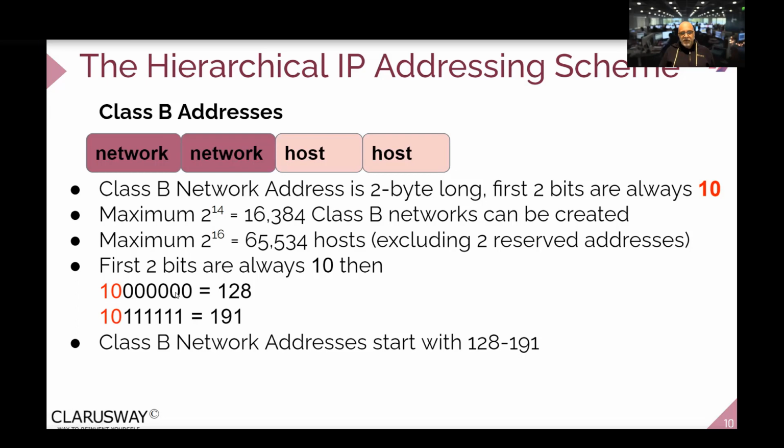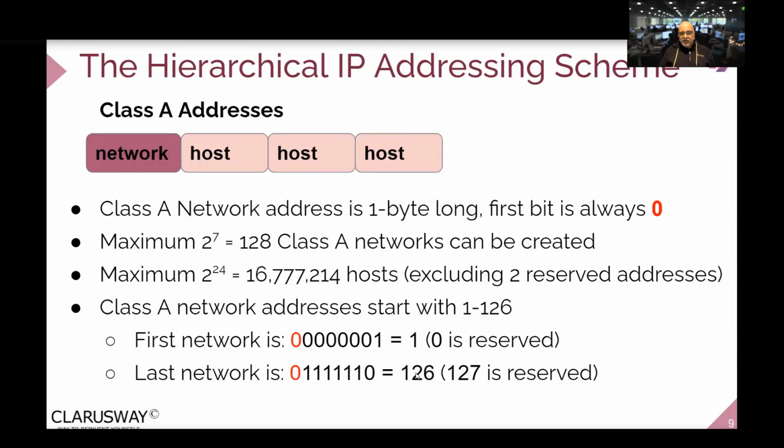So the smallest network is when I set the rest all to 0, which is the number 128. And the biggest number is when I set them all to 1, which is the number 191. And we talked about binary to decimal conversion last week. So this number is 191, this number is 128. So Class B network addresses start with 128 all the way through 191.